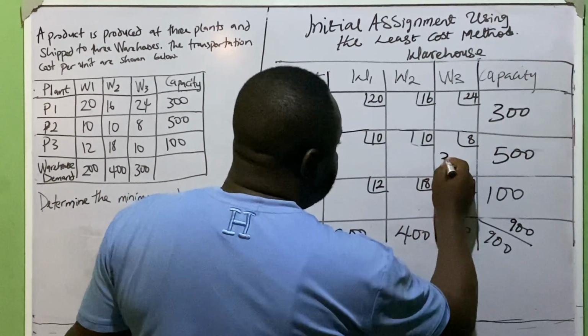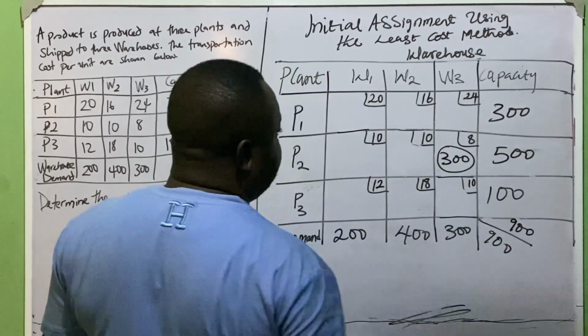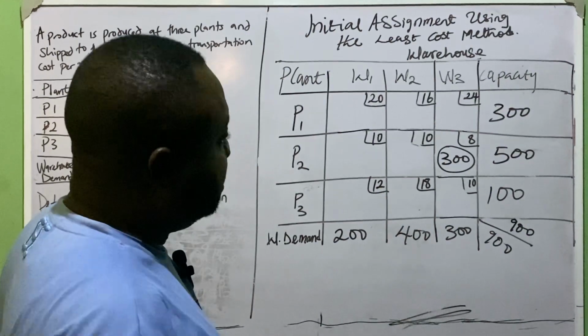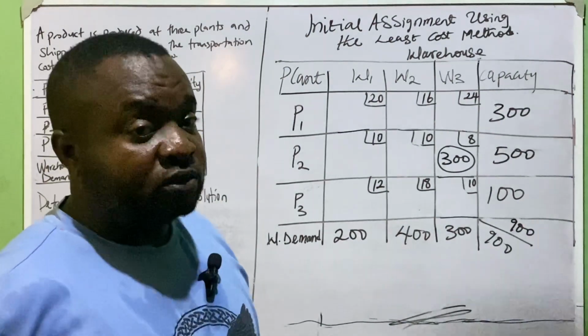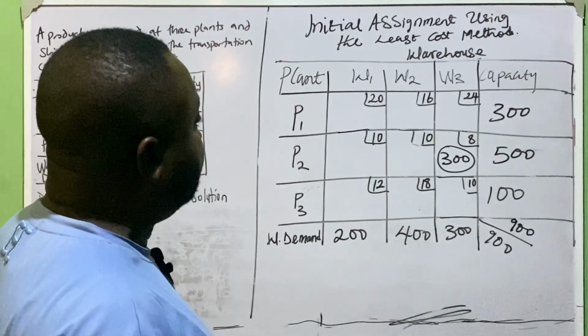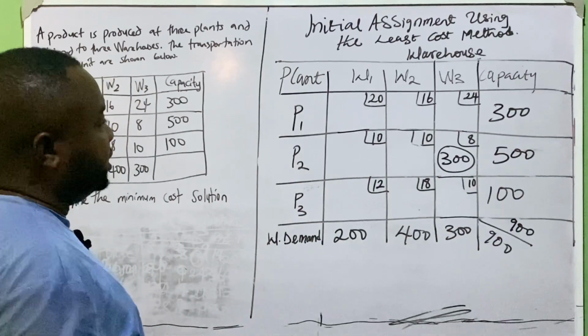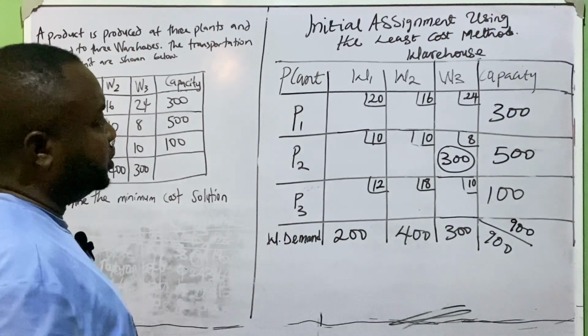So I'll give it 300. And when you make initial assignment, by convention, you circle it, because there are other computations that will come at a point where we'll be testing for optimality, that we're going to see in our next video. So we'll circle it to differentiate it from other values.